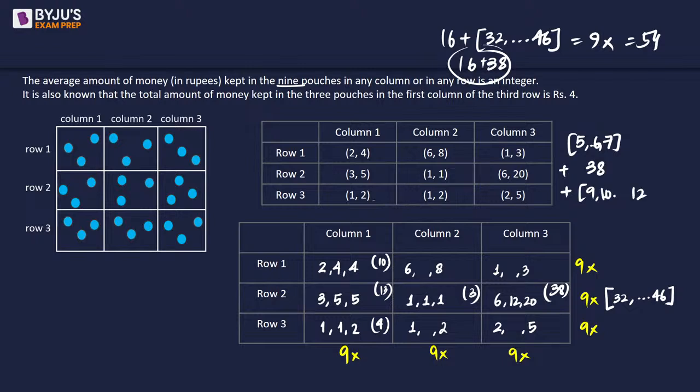So we can have 9, 10, 11, and 12. Now, if we want this to be in the table of 9, 5 plus 38 plus 9, which is 14 plus 38, 52 already here. Okay, so the next number which is in the table of 9 after 52 is 56.